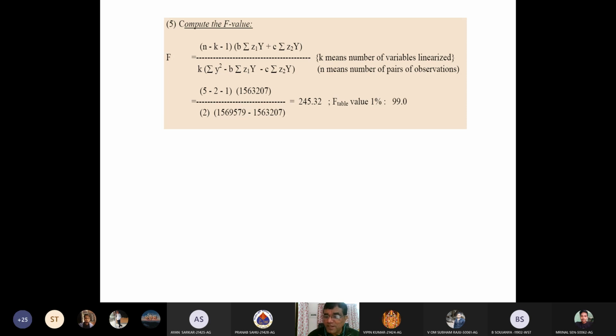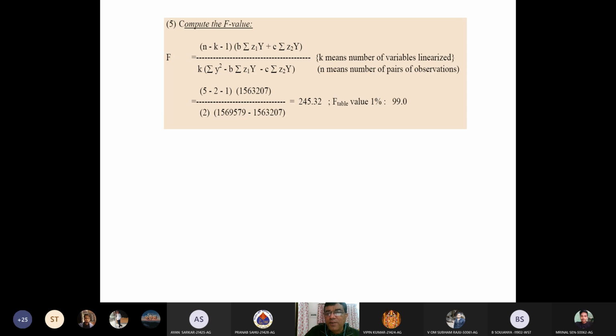Remember, we need to mention the range also, within the range of 0 to 120, because we cannot say what will happen at 140. If you increase the level of potassium to 140, 180, we cannot know, because we have tested only up to 120. So we don't know what will happen after 120. So we need to mention the range also, that within the range from 0 to 120, it is following a quadratic relationship.